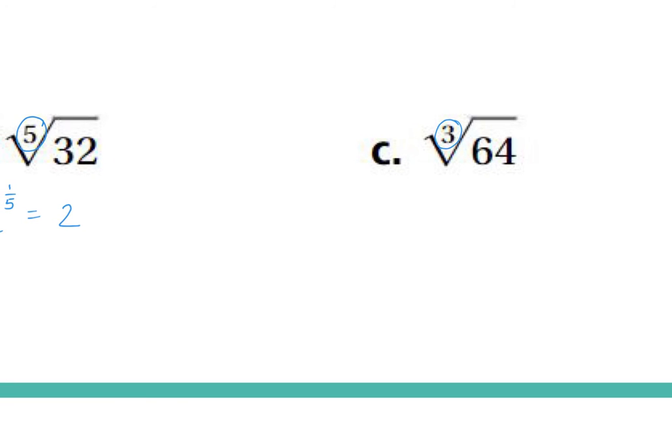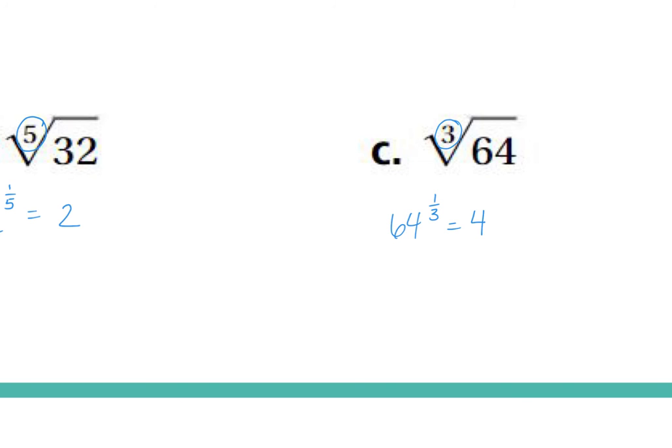What is the cubed root of 64 written with a fraction exponent? 64 to the... Nicole, what do you think? 1/3. And Roy, what'd you get for this one? 4, excellent. 4 times 4 is 16. Multiply that by 4 again, and you get 64.